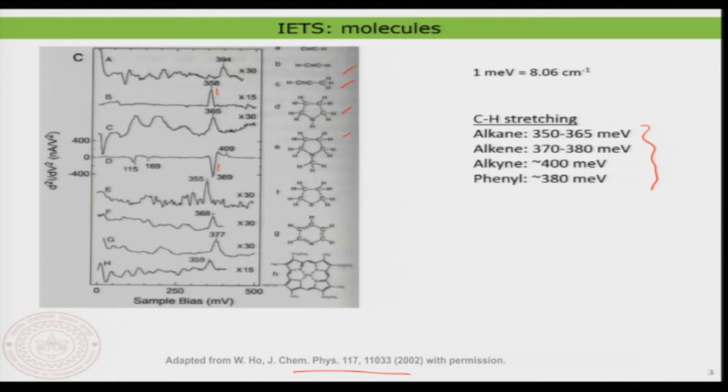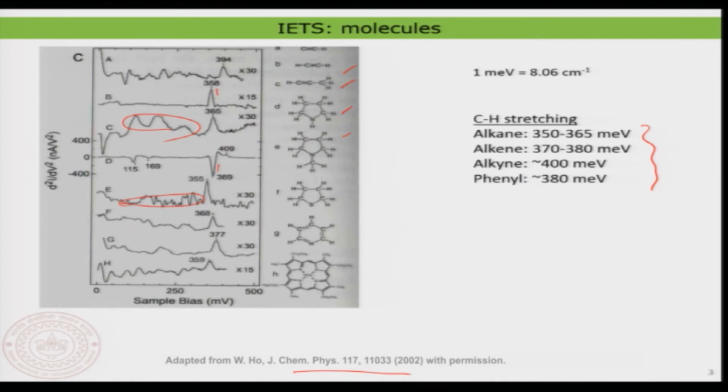But you also see that the background here is not very good. This is also something I was telling you, that there is a very high chance of getting a lot of noise in this kind of spectroscopy, because you are looking at a very weak signal. You are taking the second derivative of the current with respect to the voltage.